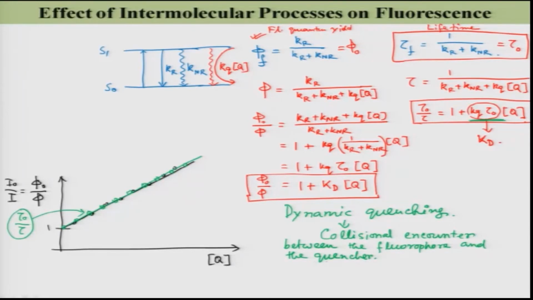So, the fluorophore and quencher interaction should take place, right, within the lifetime of the fluorophore. This is also an interesting thing. Okay. So, this is also called collisional quenching, and please note that this is diffusion controlled.